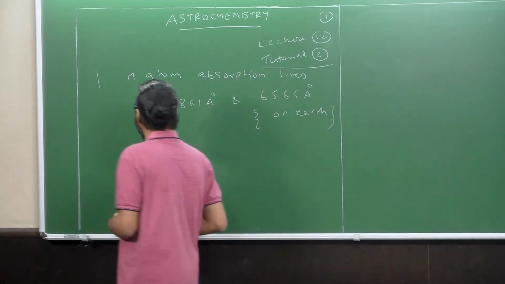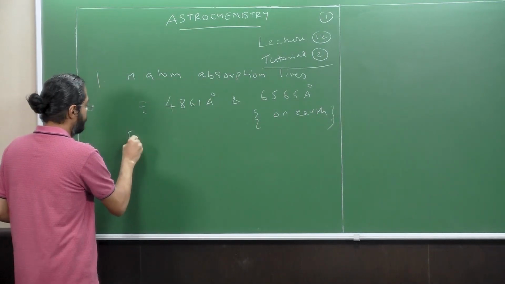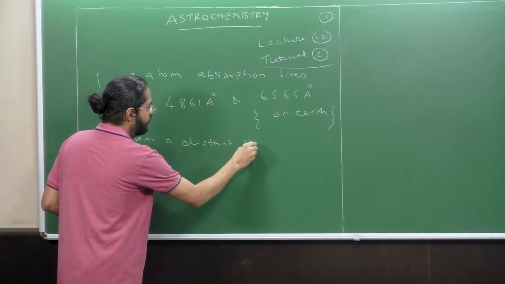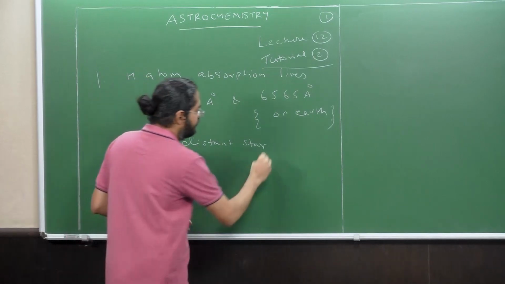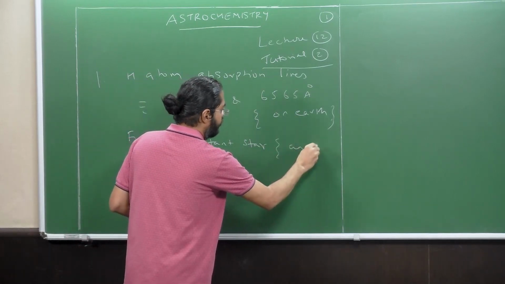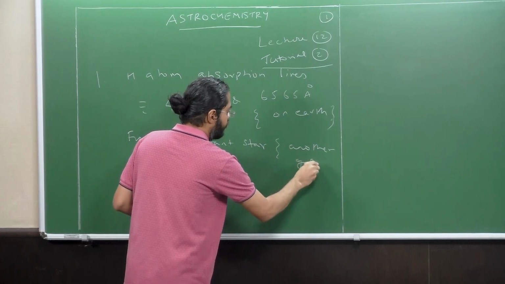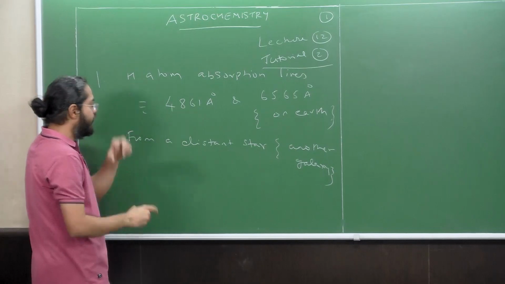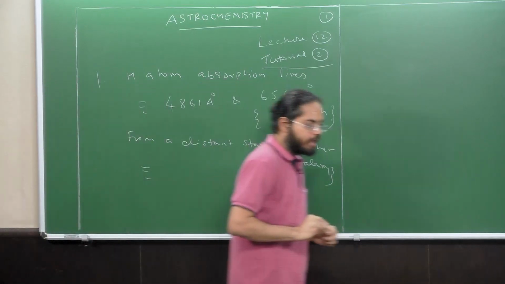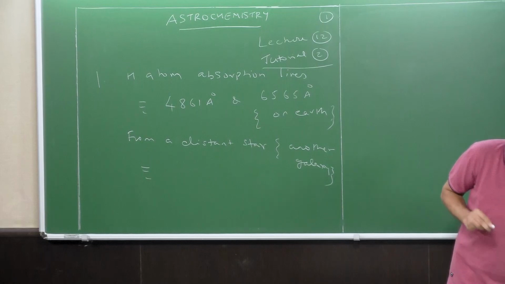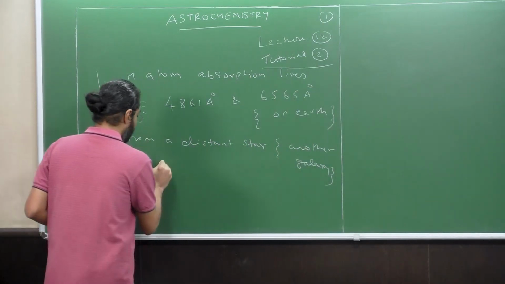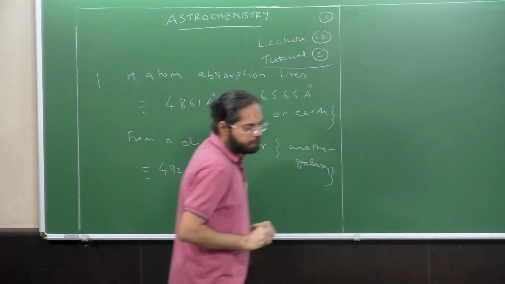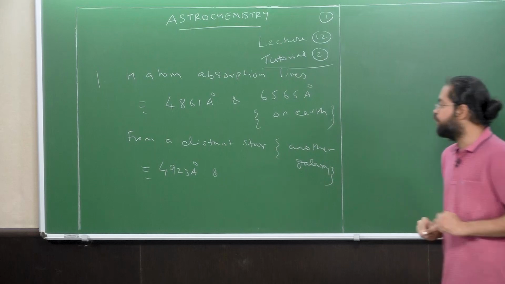So from a distant star in another galaxy, the same hydrogen atom absorption lines are measured to be, I'll just take a look at the exact values, 4923 angstroms and 6647 angstroms.